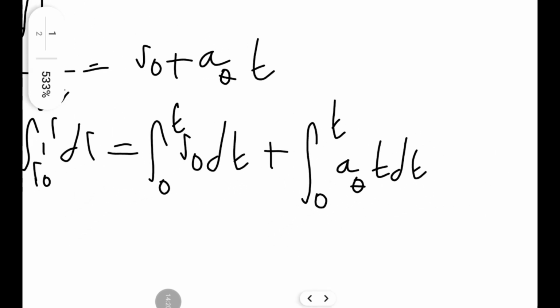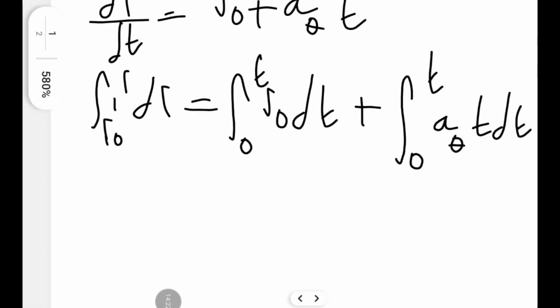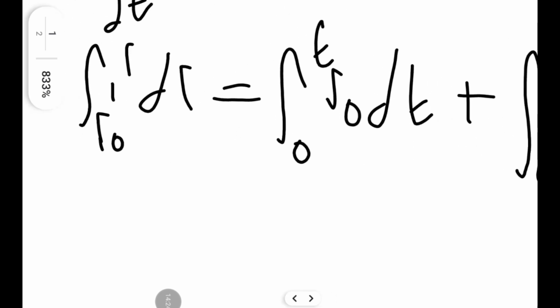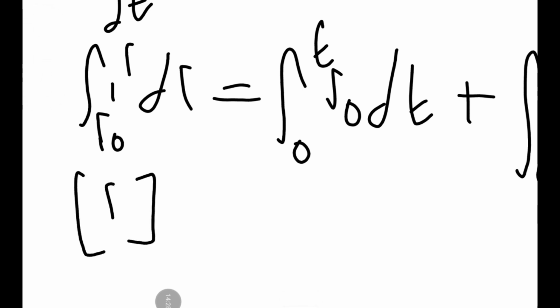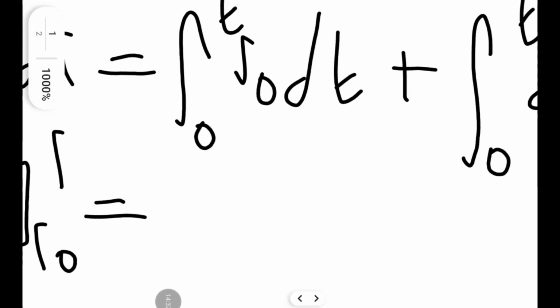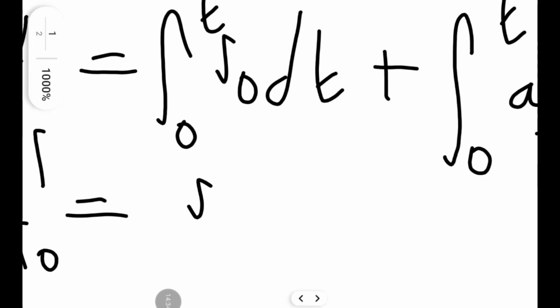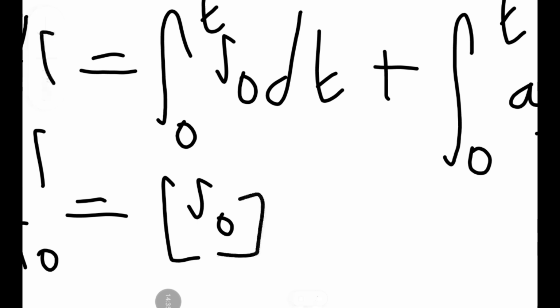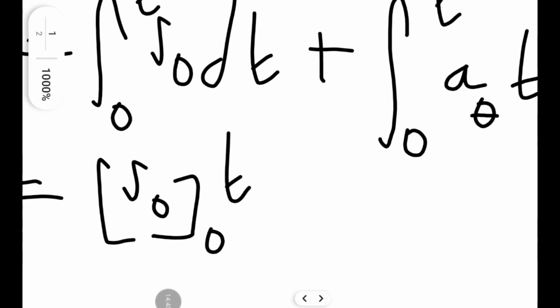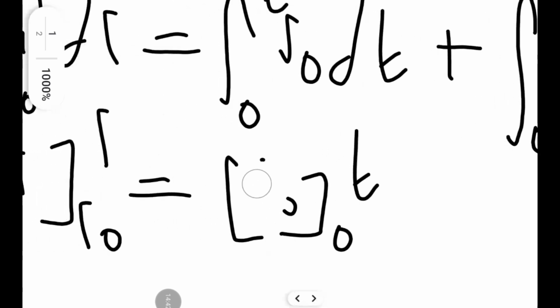So now we're getting the actual integrals. To get the displacement, we know that r between r0 and r is equal to v0, that, between 0 and time. Sorry, that's wrong, it should be v0t.